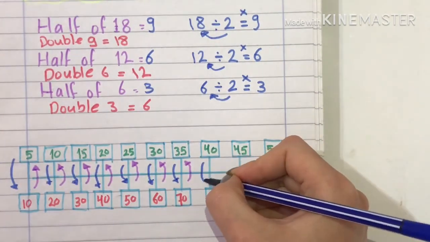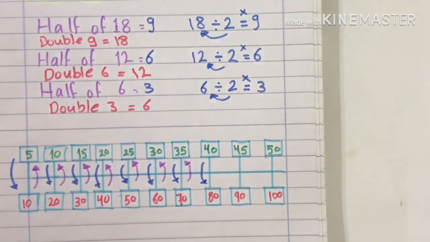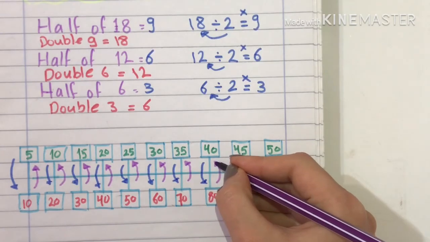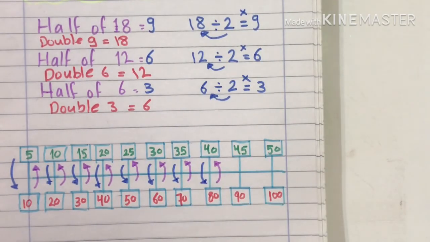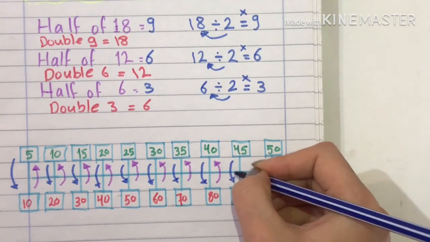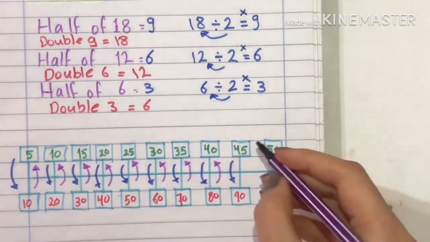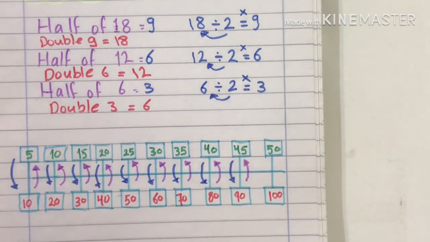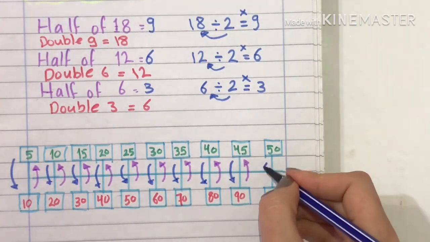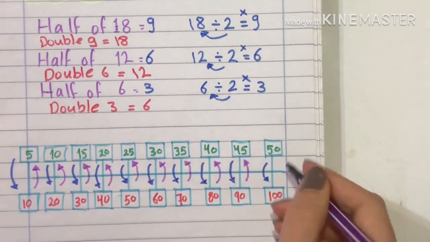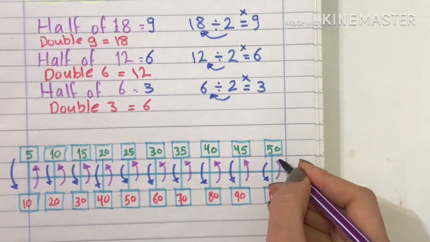Double 40, 80. Half 80, 40. Double 45, 90. Half of 90 is 45. The last one, double 50 is 100, and half of 100 is 50.